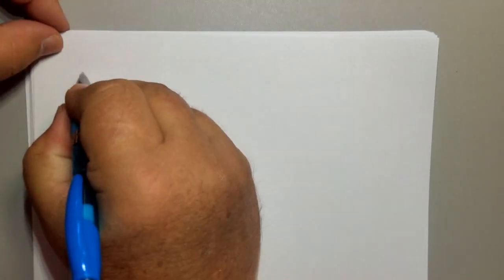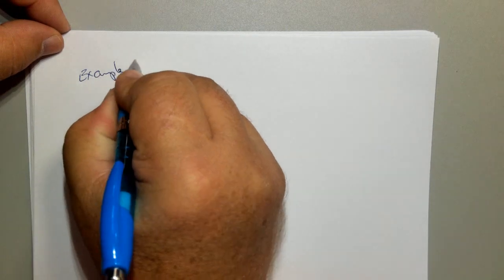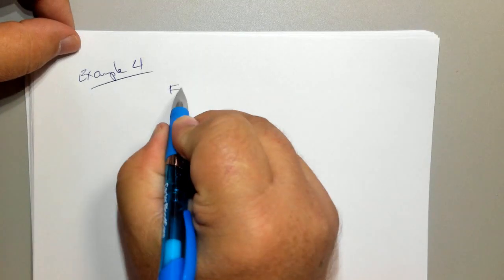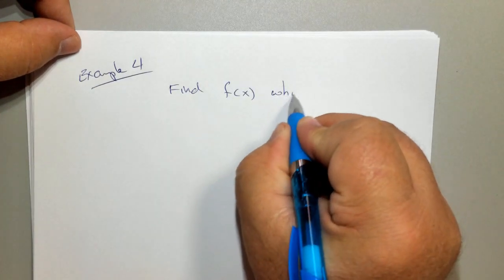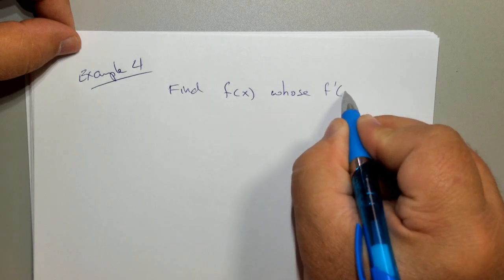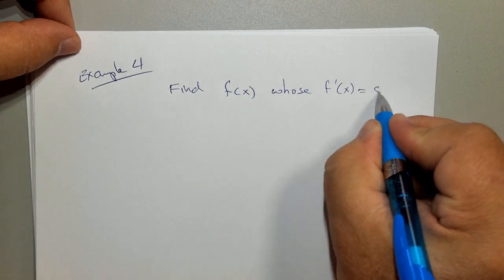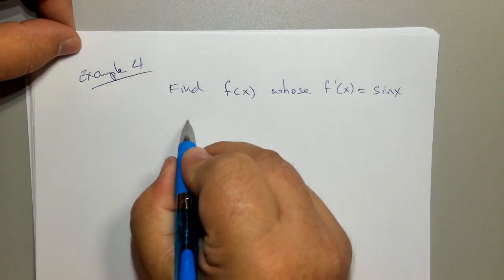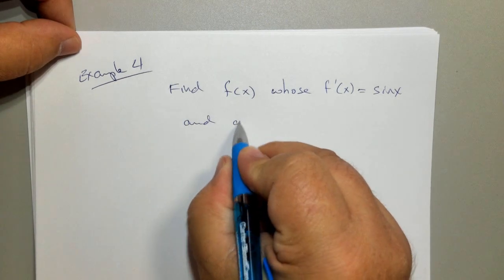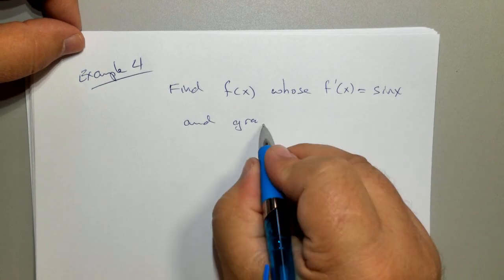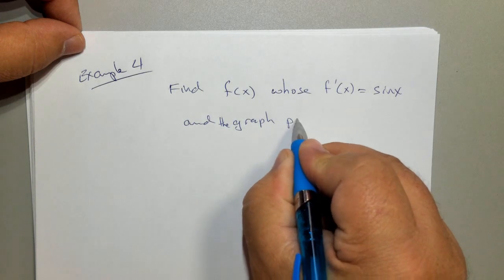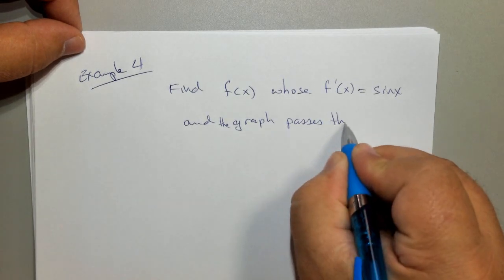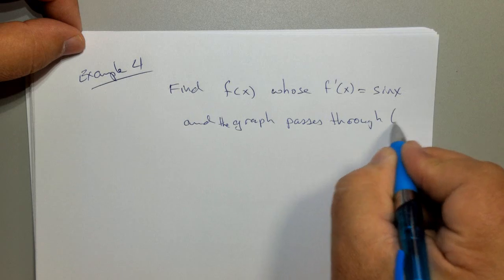Example 4. Find an f of x whose first derivative is sine x and the graph passes through (0, 2).